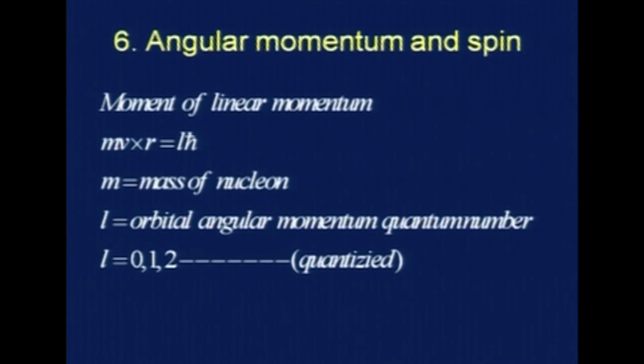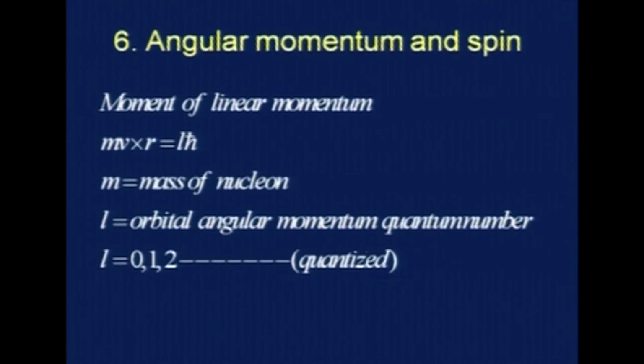Now, we will go to the next topic in the syllabus, angular momentum and spin. We know linear momentum. Linear momentum is mass into velocity. Now, moment of linear momentum is angular momentum. What do you mean by moment of? When you say moment of, it is for any quantity. Suppose I take a quantity f.